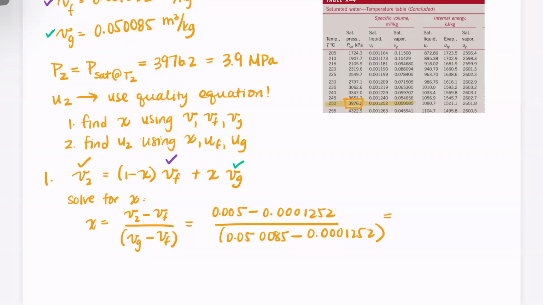Okay, and we get a quality of 0.0976. All right, so now we have X.